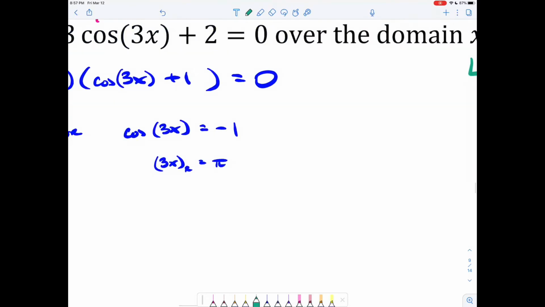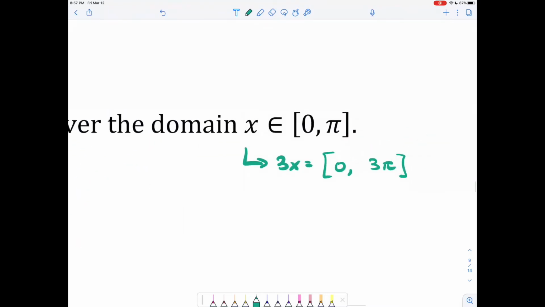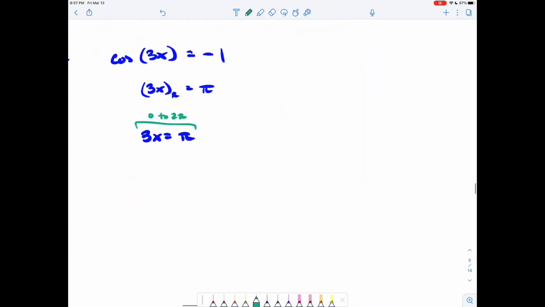So when we look at our options here, well, from 0 to 2 pi, we have that. So this is our answer from 0 to 2 pi, that first revolution. But we can go as high as 3 pi. So there's another revolution in there.